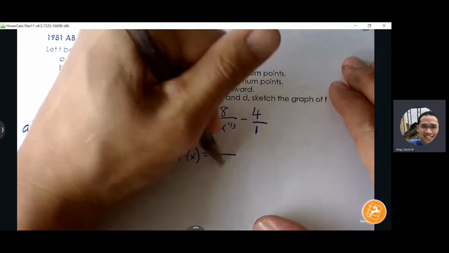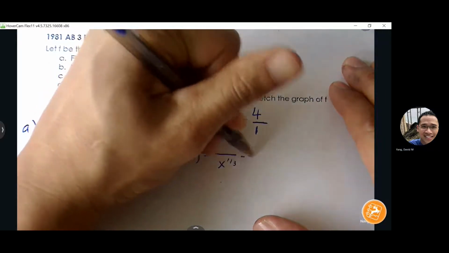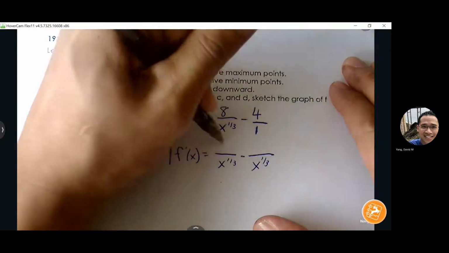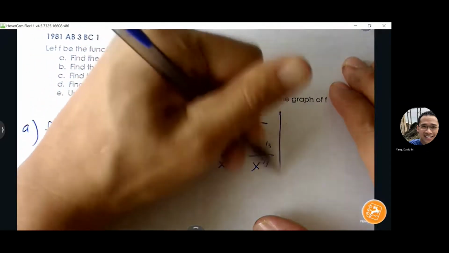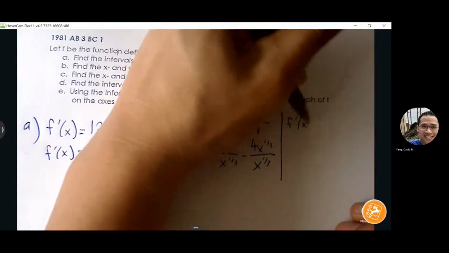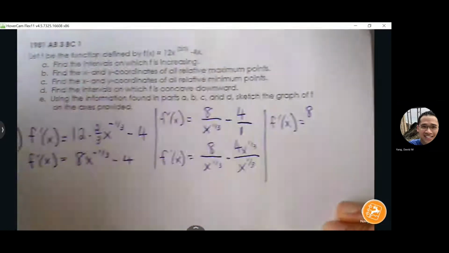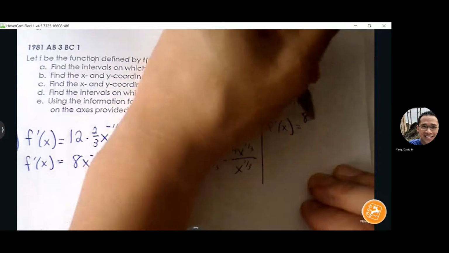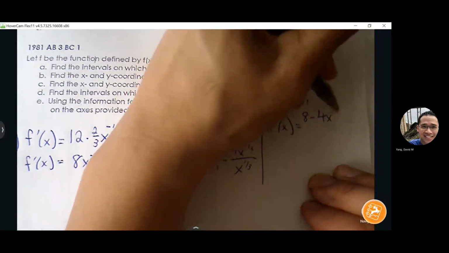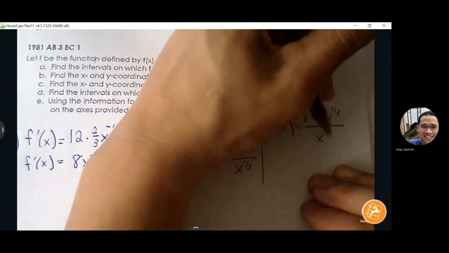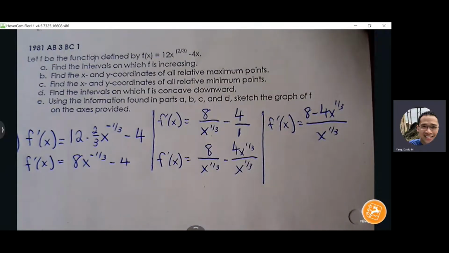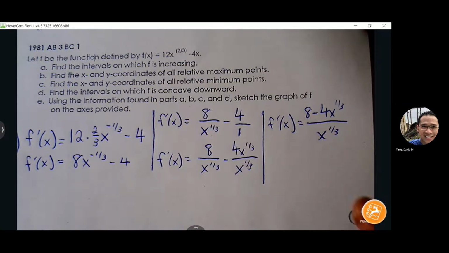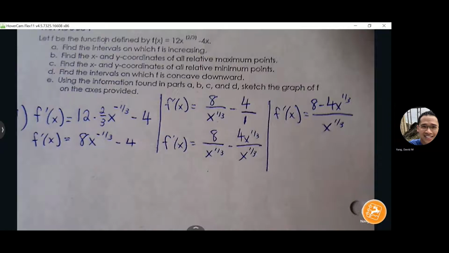Okay, common denominator. Vertical points comes from both the numerator and denominator. Set both equal to 0.